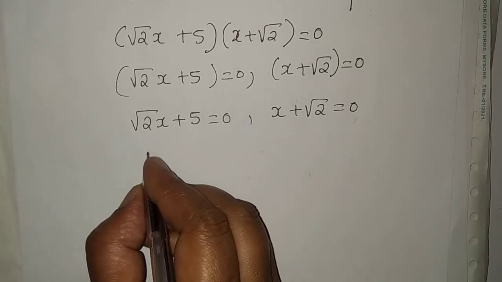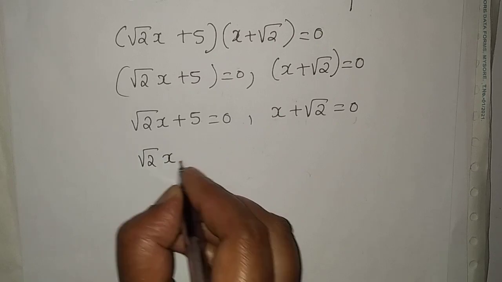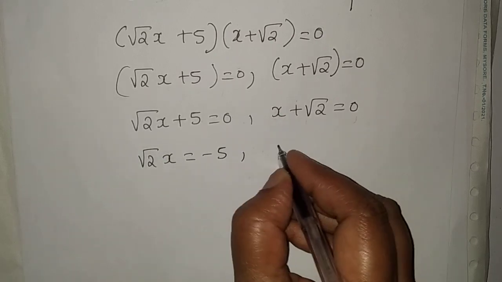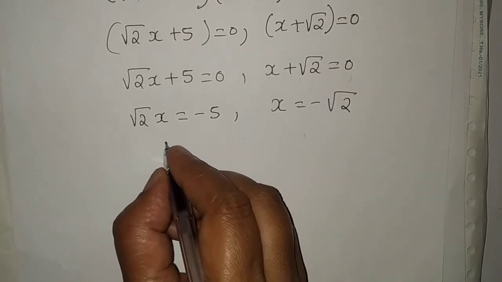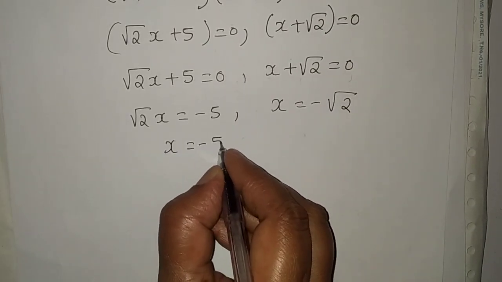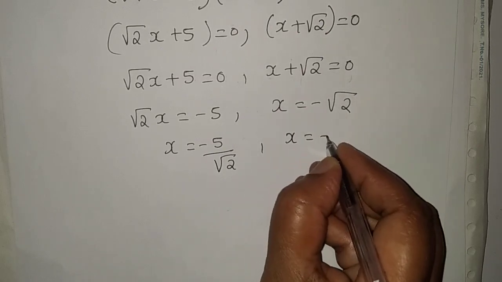Here we can take it as root 2x is equal to minus 5, x is equal to minus root 2. Therefore x is equal to minus 5 by root 2. Then x is equal to minus root 2.